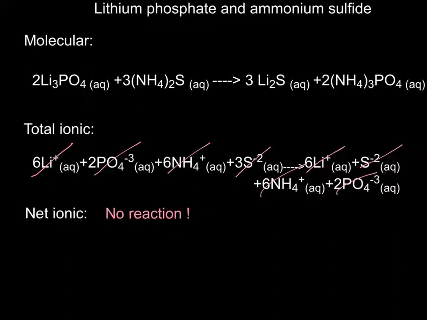And for the conductivity, we can tell that it would be strong. These are strong electrolytes, so the conductivity would occur, and the list of the ions that cause conductivity would be lithium, phosphate, ammonium, and sulfide.